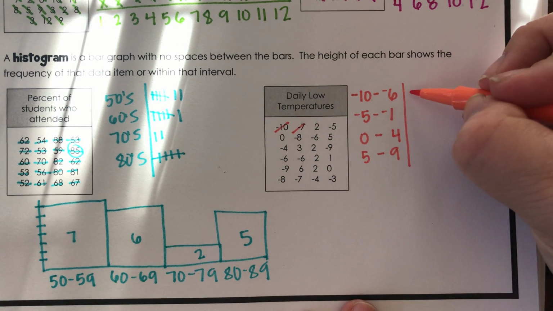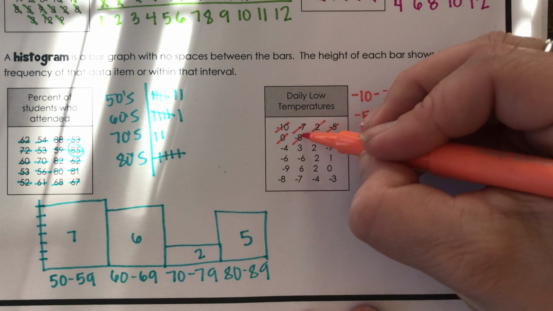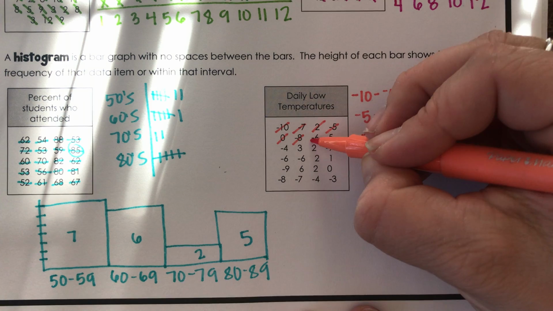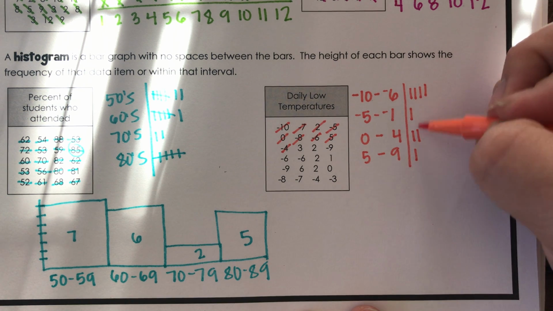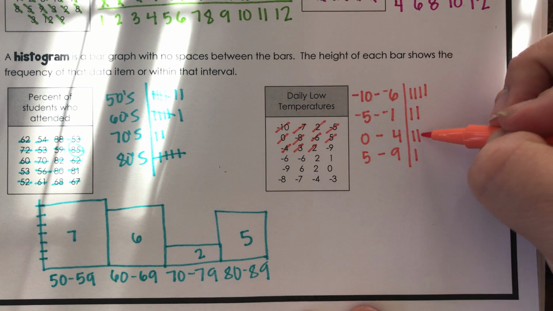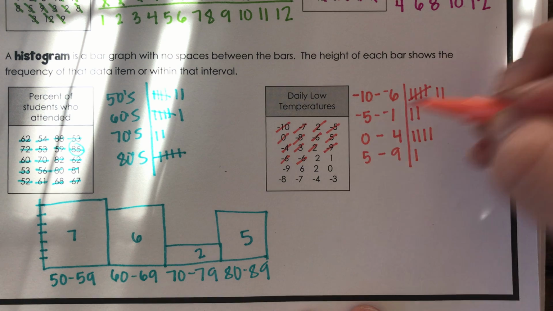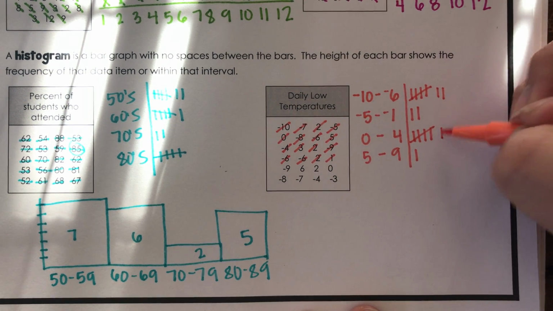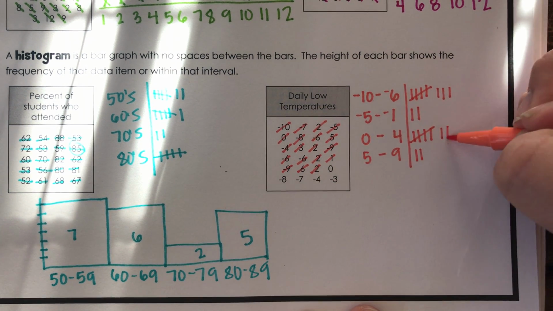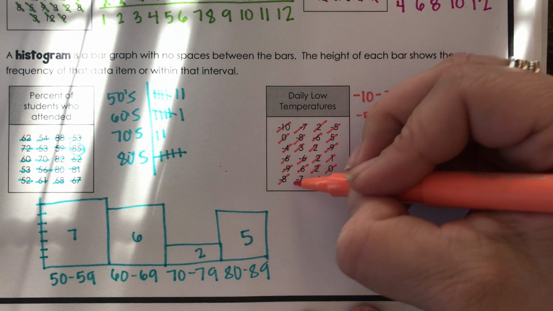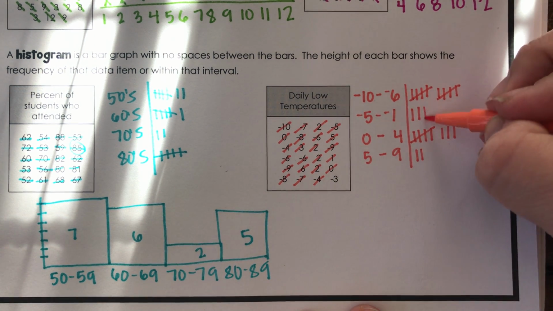So -10, -7, 2, -5, 0, -8, -6, +5, -4, 3, 2, -9, -6, -6, 2 and 1, -9, positive 6, positive 2, 0, negative 8, negative 7, negative 4, negative 3.